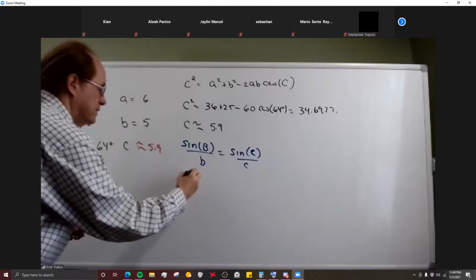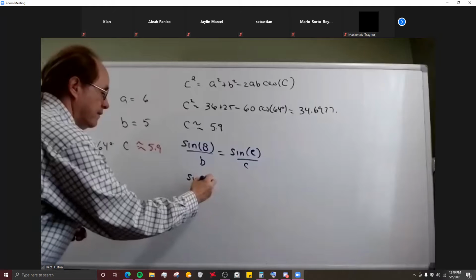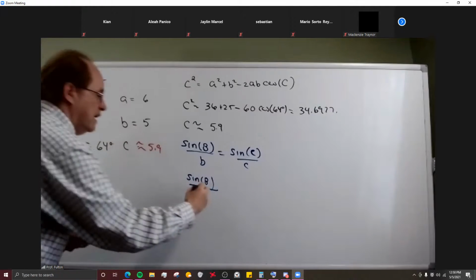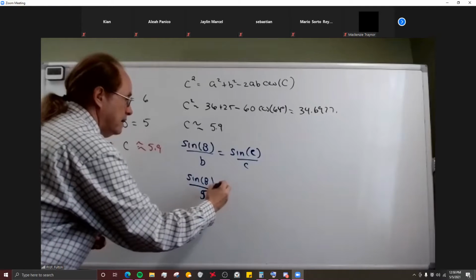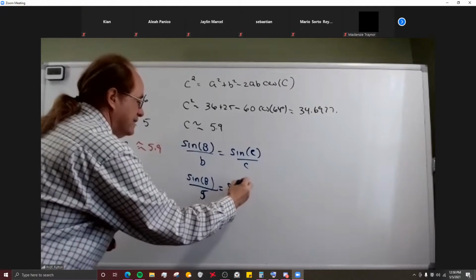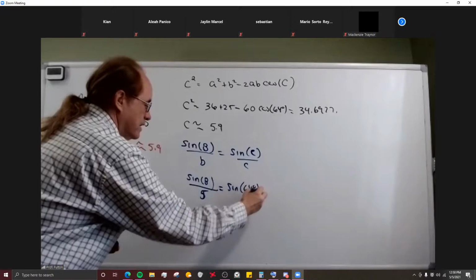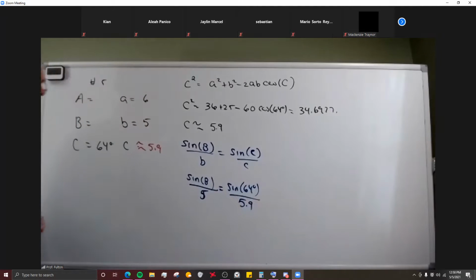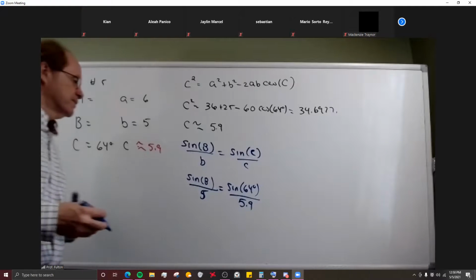So I have my sine of B, that's what I'm looking for, all over B, which is 5, equal to the sine of C, which is 64 degrees, over the approximation 5.9. Now, if you want to use 5.89, that's okay too.